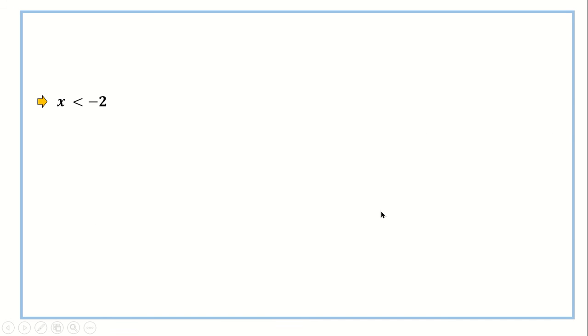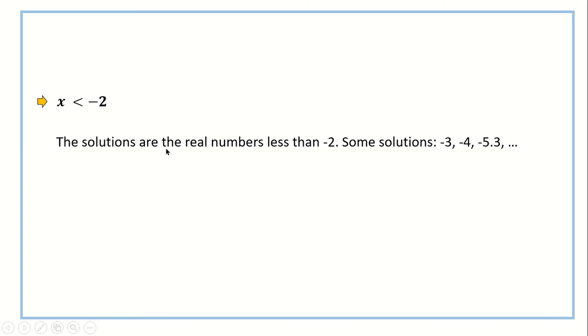I hope this is understood. We'll look at another example. We have X is less than negative 2. So the solutions are the real numbers less than negative 2. Some solutions are negative 3, negative 4, negative 5.3, and many others. So any real number that is less than negative 2 will make this inequality true.